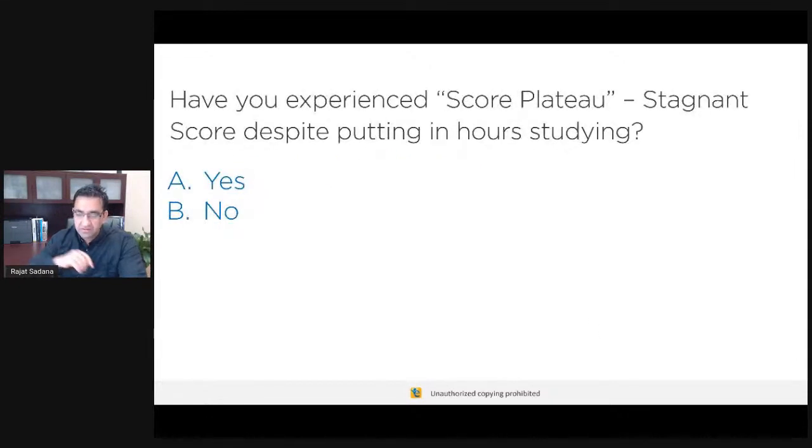The third question is, have you experienced a score plateau? This is really true for people who spend more than 50 hours preparing, where your score has been stagnant despite your studying. A is yes and B is no. Have you experienced a point where you can be putting in effort, but your score doesn't seem to improve? You can say A or B, or yes or no, either way.